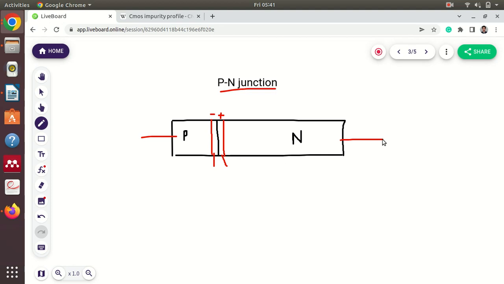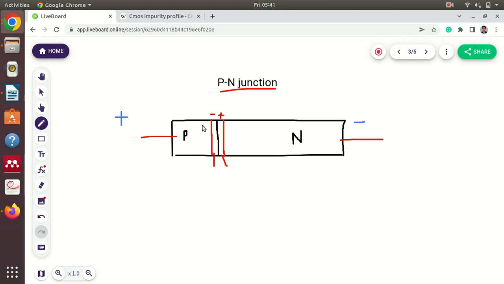Now this diode is used for many purposes. If you have seen solar panels, they also have a diode in the structure. So what does this do? If we supply a positive terminal to the p side and a negative supply to the n side, then electrons in this region, because of this additional voltage, can pass this barrier and come to the p side, because this side is more positive.